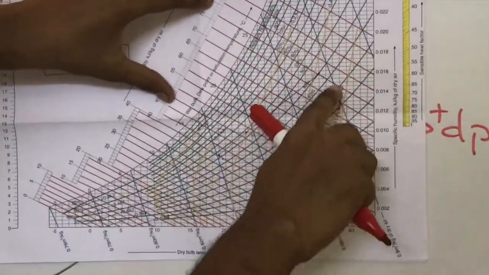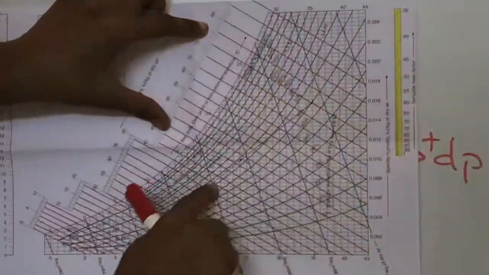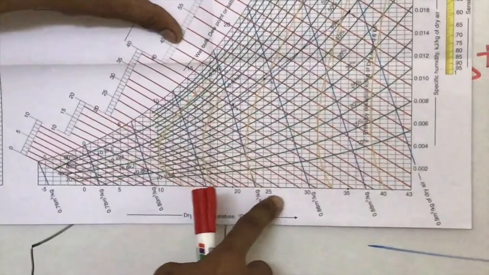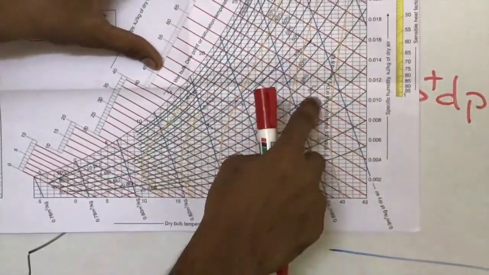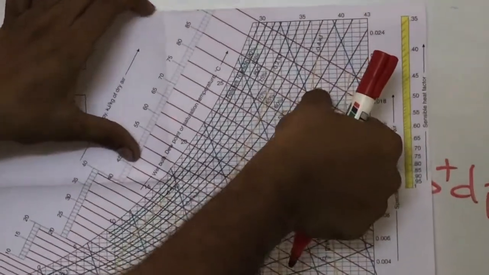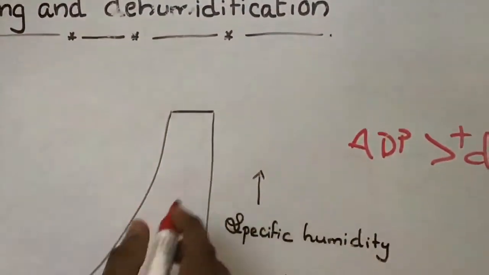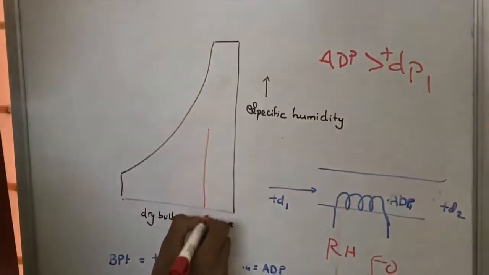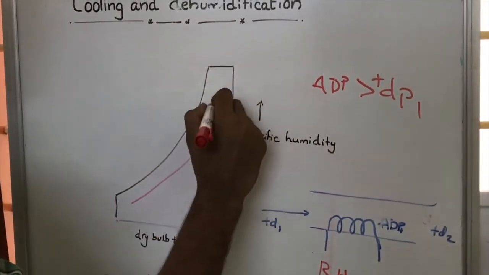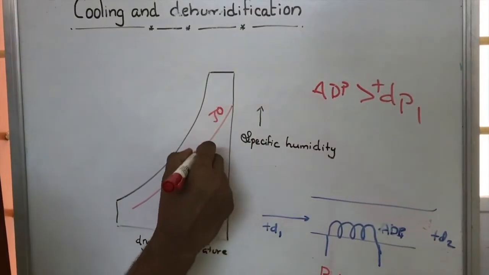Here is the 50 relative humidity line, and the dry bulb temperature is 35. So we can plot the point 35, 50 here. I am representing it like this: this is 35 and this is the 50 line. Let this be the first point.